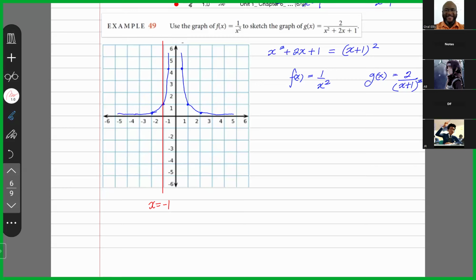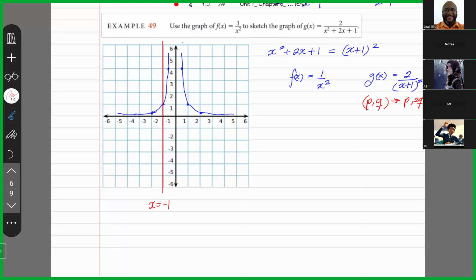Now, the 2 at the top is telling me that this is a vertical stretch by a factor 2. What the vertical stretch does is that it takes the point, let us say (p, q), and the point (p, q) becomes the point (p, 2q).